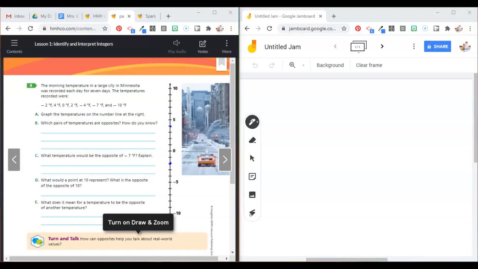We have 0. We have 2. We have -4, which is right above -5. We have -7, so -5, -6, -7, and all the way down to -10 down here.